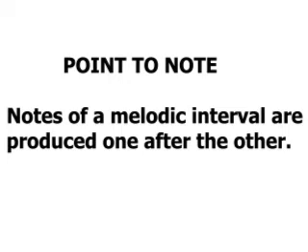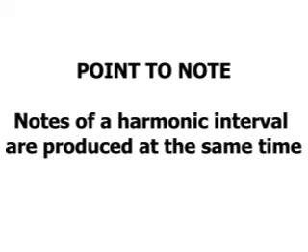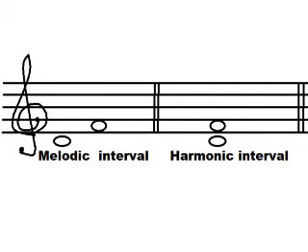Another way we can check an interval is with notes that are produced at the same time. So while we have, as a melodic interval, the interval between these two notes, we call the melodic interval.